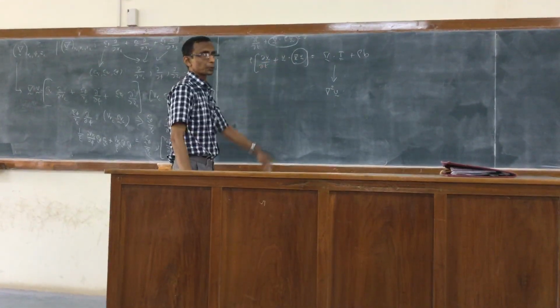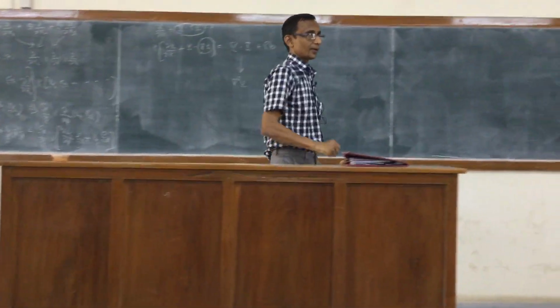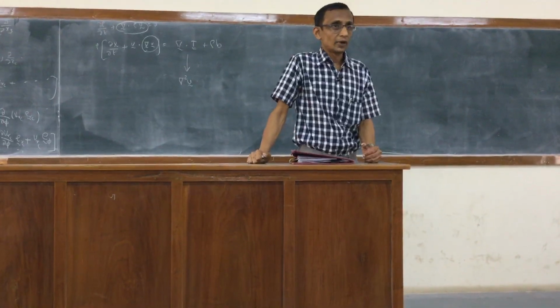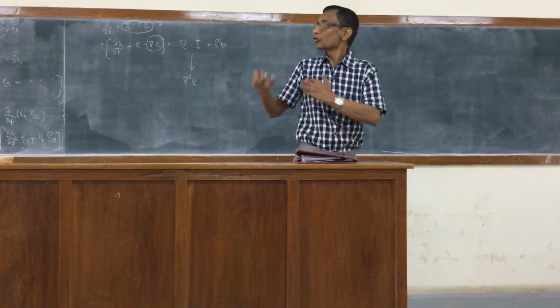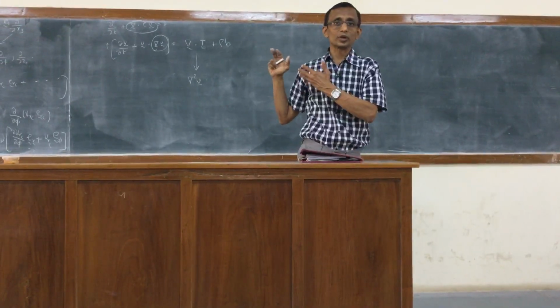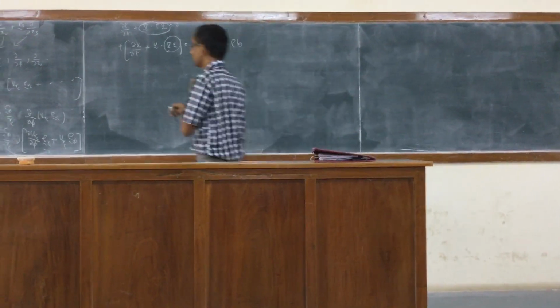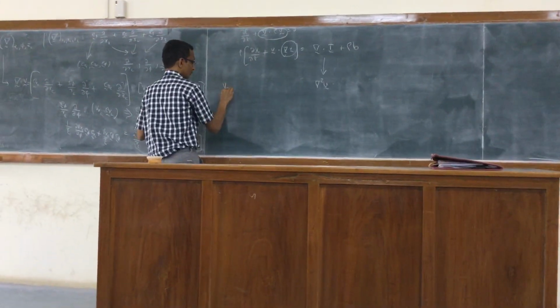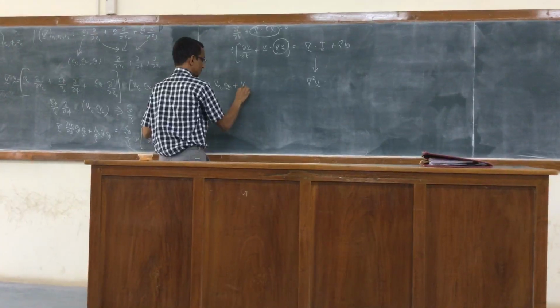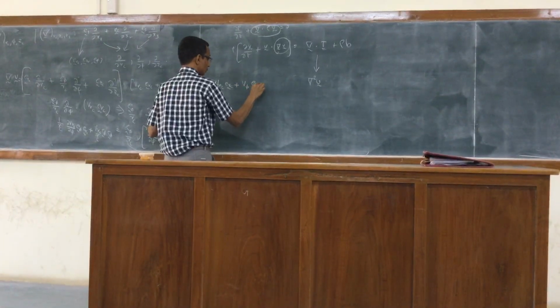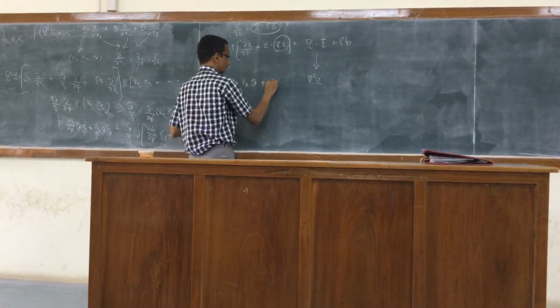Now, what about the dot product of B with the velocity gradient tensor? Right? If I want to do it using the unit tensors and the unit vectors, then I would have to write this as B_RC, E_RC. We can do it, but it's much easier to do a matrix multiplication.